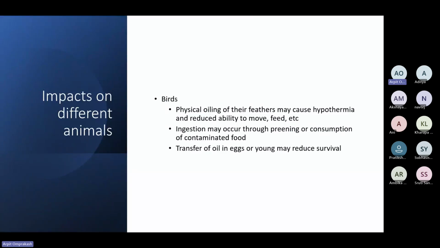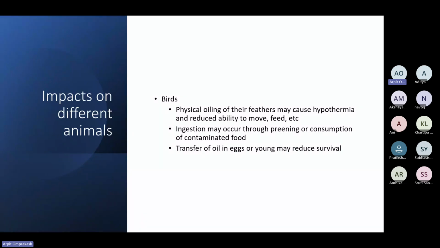For birds, as we were talking before, oiling of the feathers may cause reduced ability to move and feed, or may lead to hypothermia, by preventing birds from thermoregulating using their feathers. Ingestion may occur through preening or consumption of contaminated food.